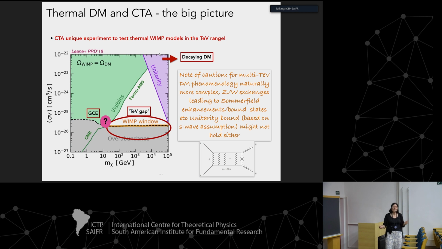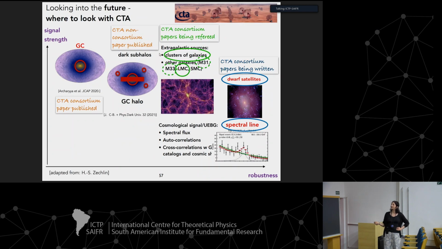In the TeV range, you get very close to the W and Z bosons, and depending on the model, you could exchange many particles in these loops, and modeling becomes a bit harder, because you would expect enhancements in the cross-section, bound states. Even the unitarity limit doesn't have to hold if S-wave is not the dominant annihilation channel, and so on and so forth. So on the particle physics side, the modeling also becomes more baroque as you go here. Something to keep in mind when you do this kind of analysis.